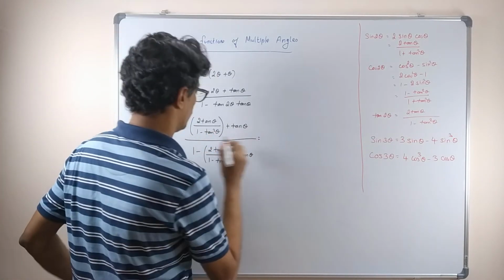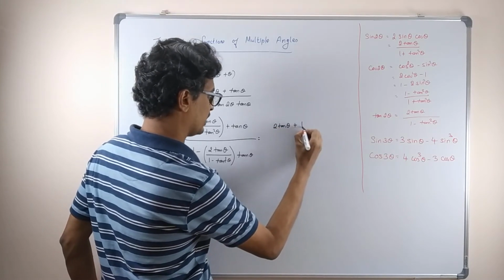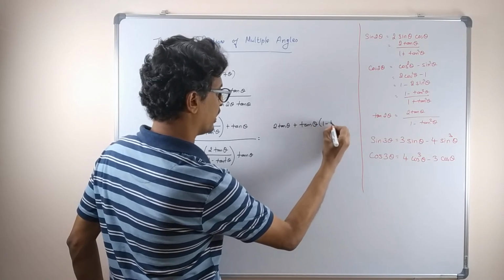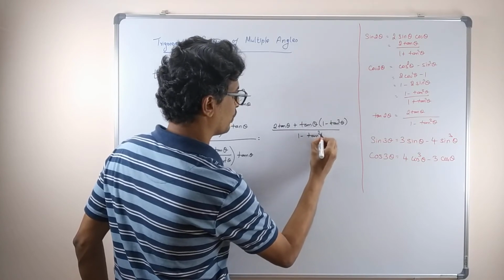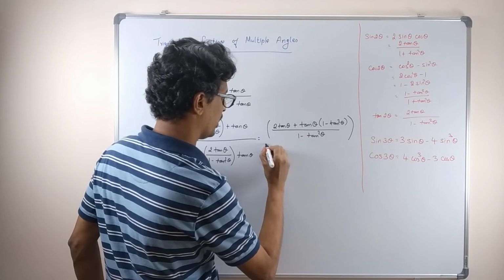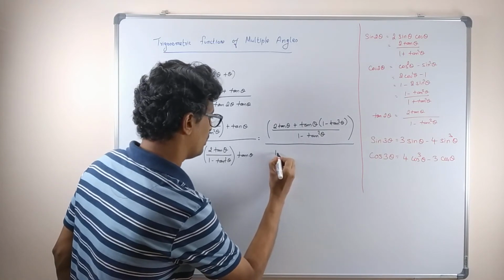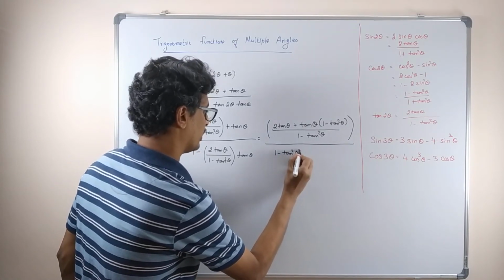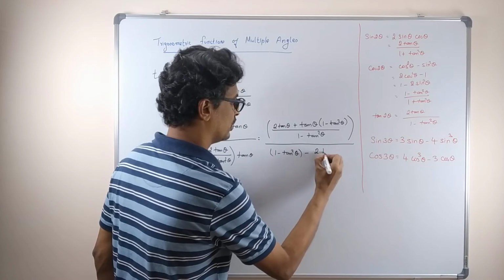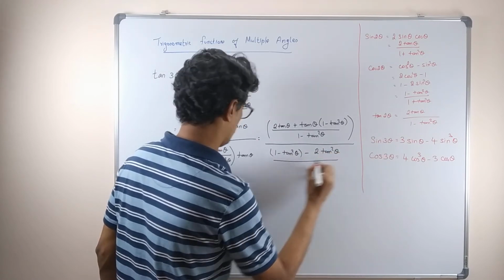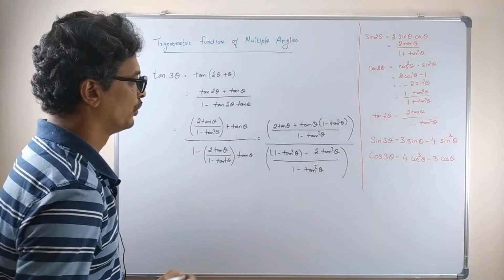So this is going to be 2 tan theta plus tan theta into 1 minus tan square theta, the whole thing divided by 1 minus tan square theta upon 1 minus tan square theta minus 2 tan square theta. Correct? So this will get cancelled.